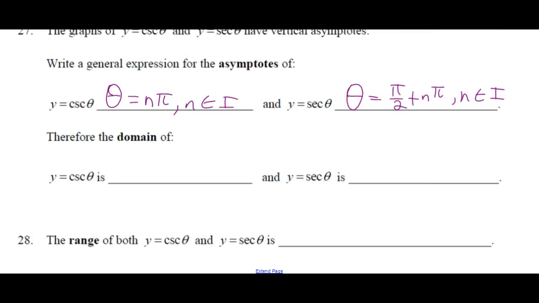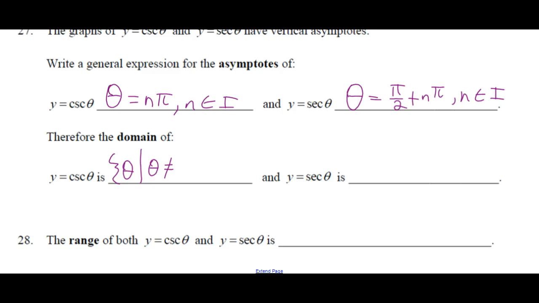So what's the domain? What do we write? The exact same thing, only with not equal to. We'll throw in some set notation. So the set of all theta such that theta is not equal to n pi. This is where the asymptotes are, at n pi.